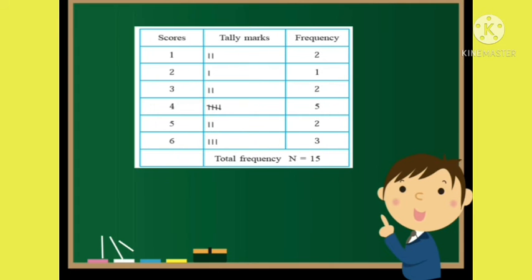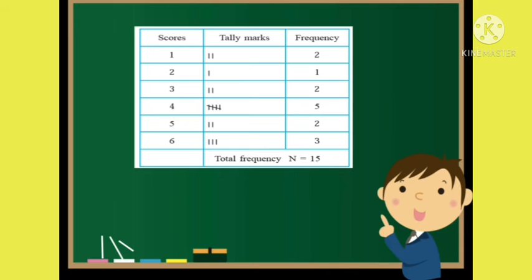This is a frequency table with 3 columns. First column scores, second tally marks, third frequency. Scores means the numbers which are there in the given information from 1 to 6. It is given in the example, that is written in the scores column.